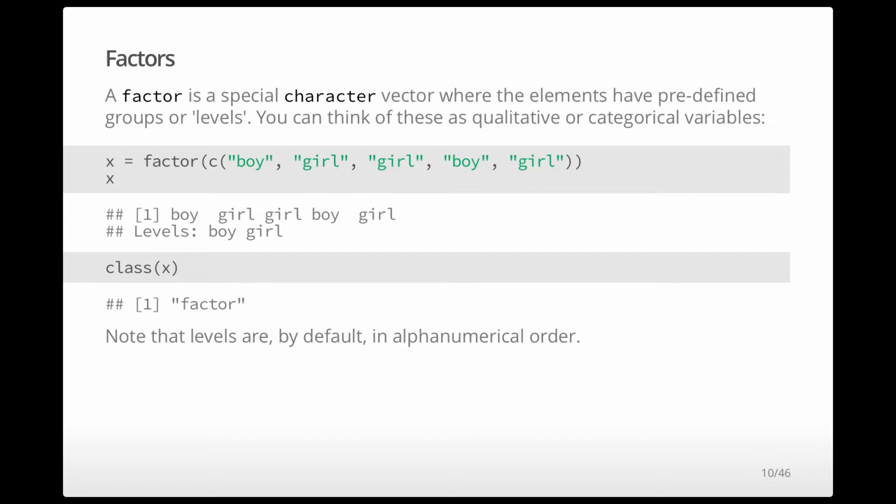Now, note how it's printed. It's printed as words without quotes. So before you even see that it says levels, you should know that it's not a character vector anymore. It doesn't have quotes. And because these are words, it's not a numeric vector. Okay? So just by the look of it, you should be able to identify that this is something different.